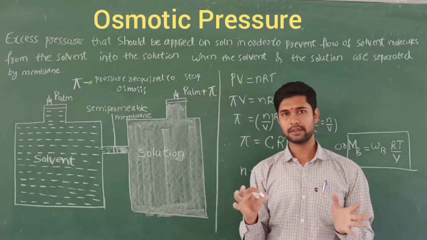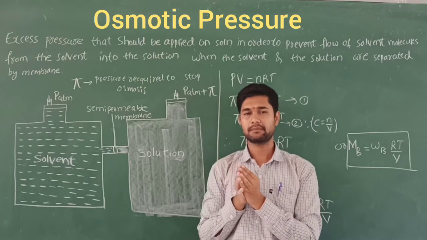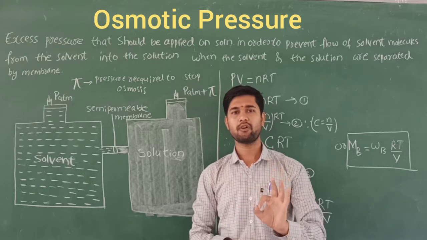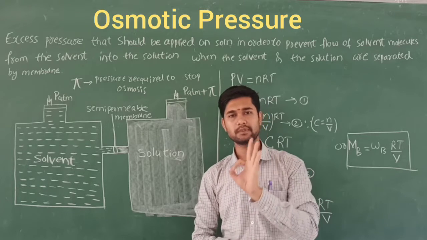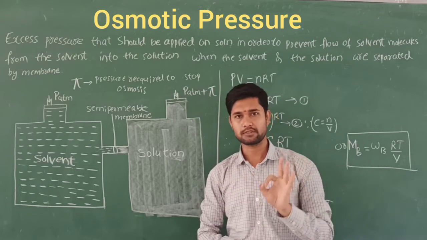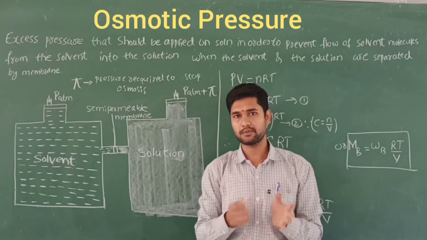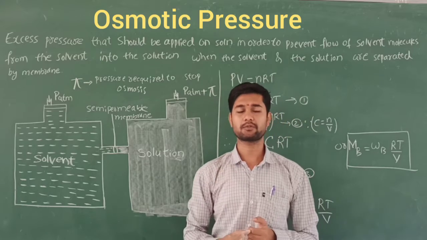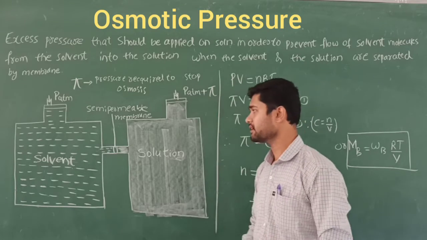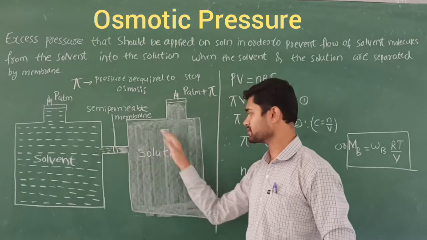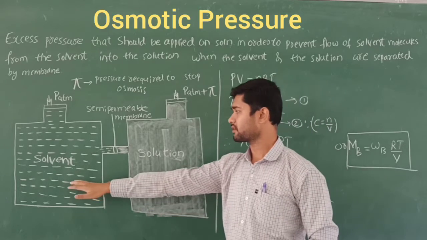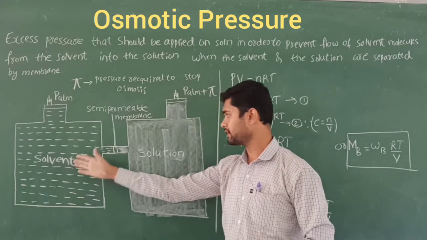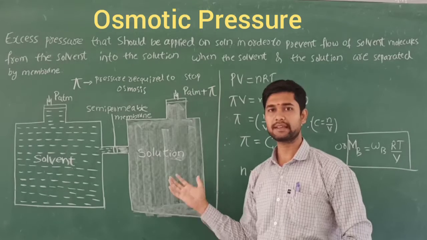In simple words, we stop the osmosis by applying a sufficient excess pressure, and that pressure is called the osmotic pressure. Just imagine this is solvent and this is solution. According to osmosis, this flow of the solvent into the solution is called osmosis.